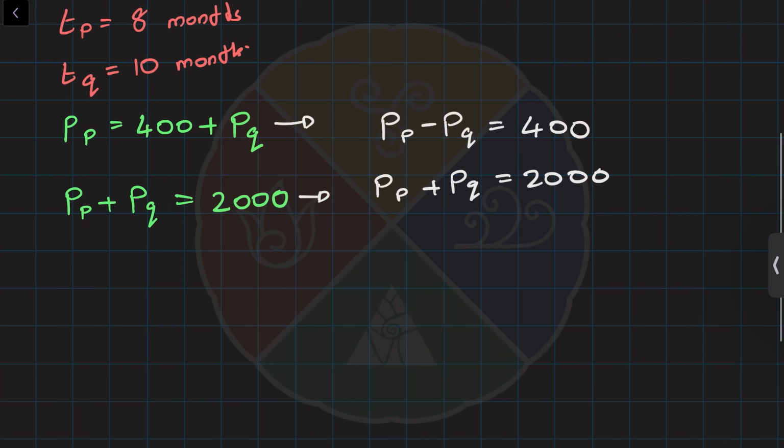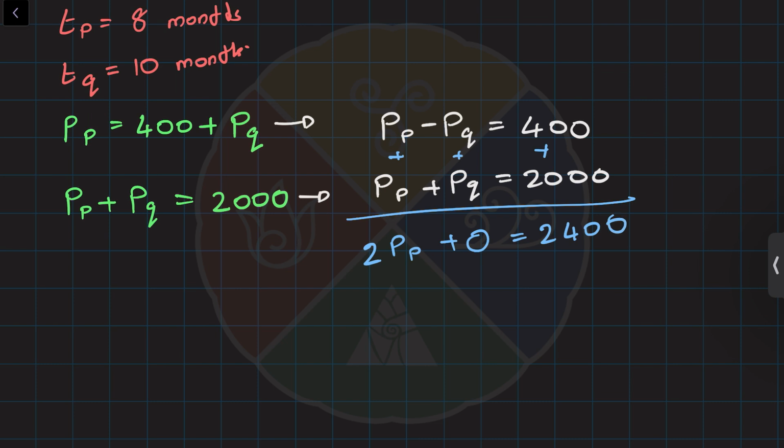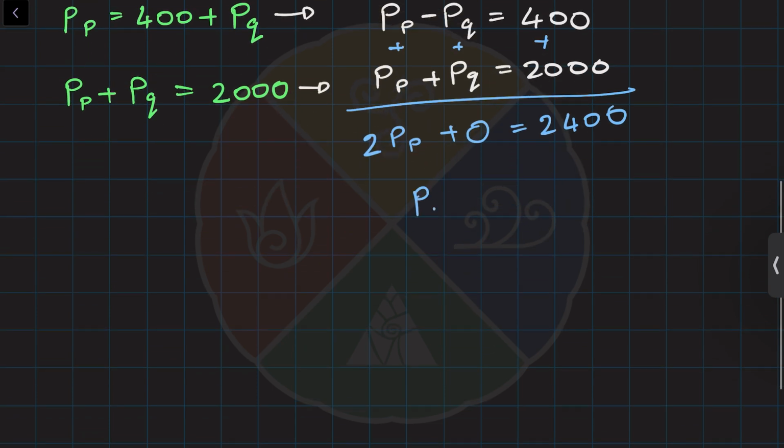Since the coefficients are the same, I am simply going to add these equations together. 2 times profit of P, and P of Q minus P of Q cancels out, equal to 2400, so profit of P is 2400 divided by 2. Profit of P is going to be 1200.